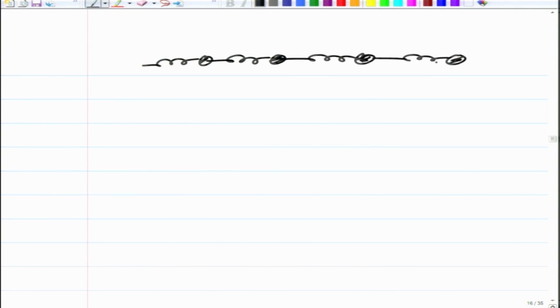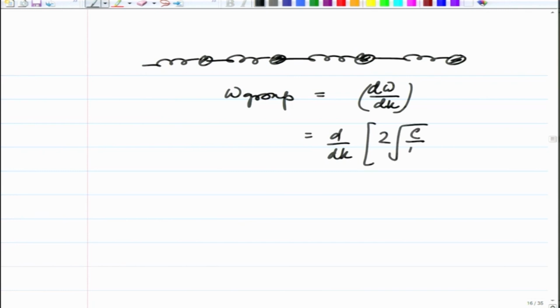Now, what does it mean for our case? In our case, when I am taking this lattice, omega group is d by dk of 2 root c over m sine of ka by 2.